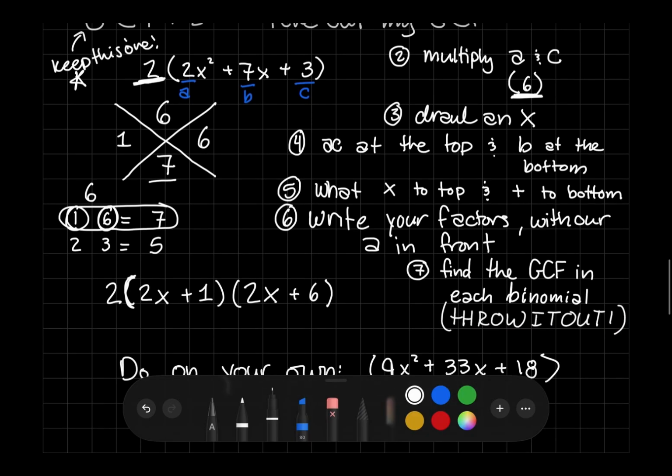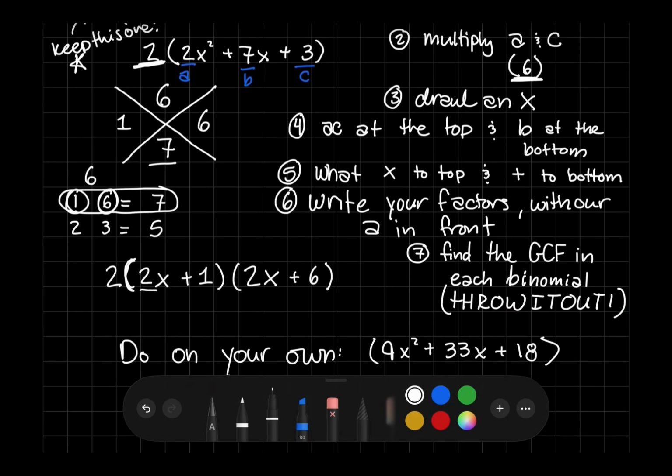So let's see. 2x plus 1. That does not have a greatest common factor. There's no number that goes into both 2 and 1 except 1, but we don't really care about that. So I'm going to write 2x plus 1, and then we need to find the greatest common factor in this one. What number goes into both 2 and 6?